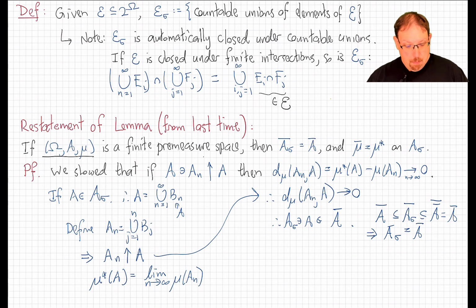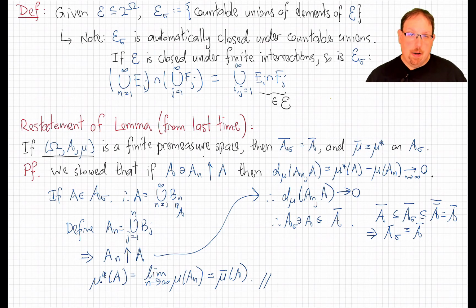Now, mu is our original premeasure, and its extension is the unique Lipschitz extension of mu from A to A closure. Here, we have a sequence, A_n, which converges to A, and since the extension of mu is a continuous function on the closure, by continuity it follows that this must be equal to mu bar of the limit. In fact, that's how the extension mu bar is even defined. And that shows that mu star and mu bar agree on all of A sigma.